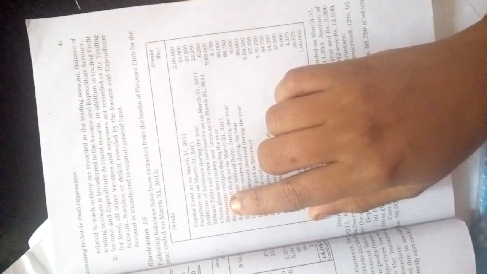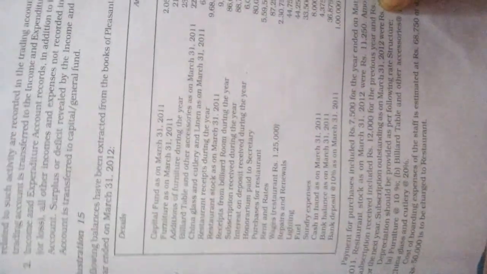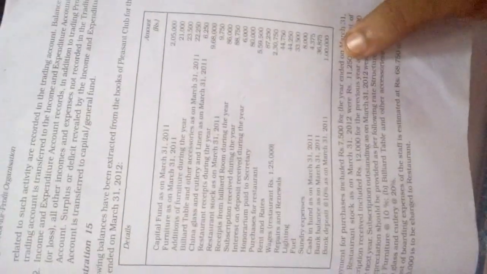So let us study the problem related to incidental trading activity. So here is the problem. See the problem carefully. This particular problem is related to the books of Pleasant Club. Following balances have been extracted from the books of Pleasant Club for the year ended on March 31st, 2012.